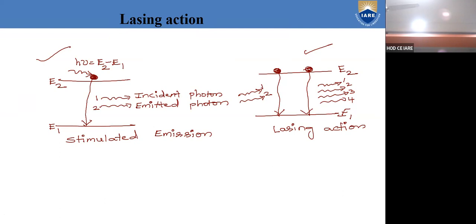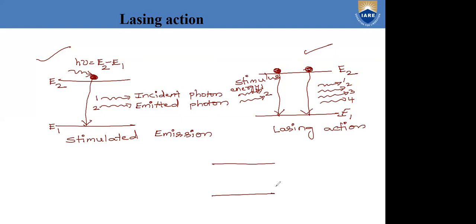You're not able to understand what these two photons are doing? These two photons which are emitted here are acting as stimulus energy. Stimulus means energy. Now these two photons, what will they do? Pushing them down.